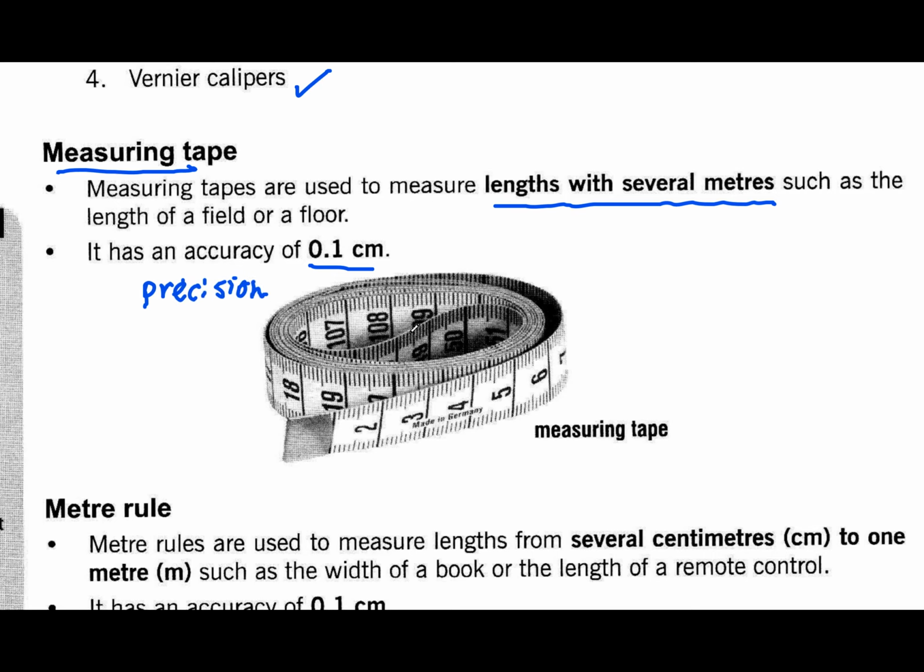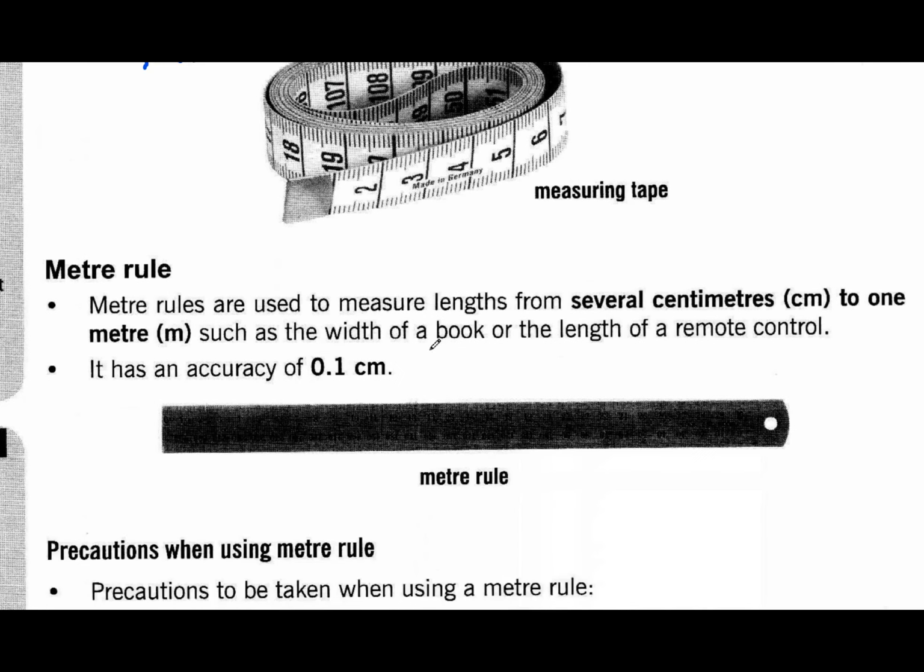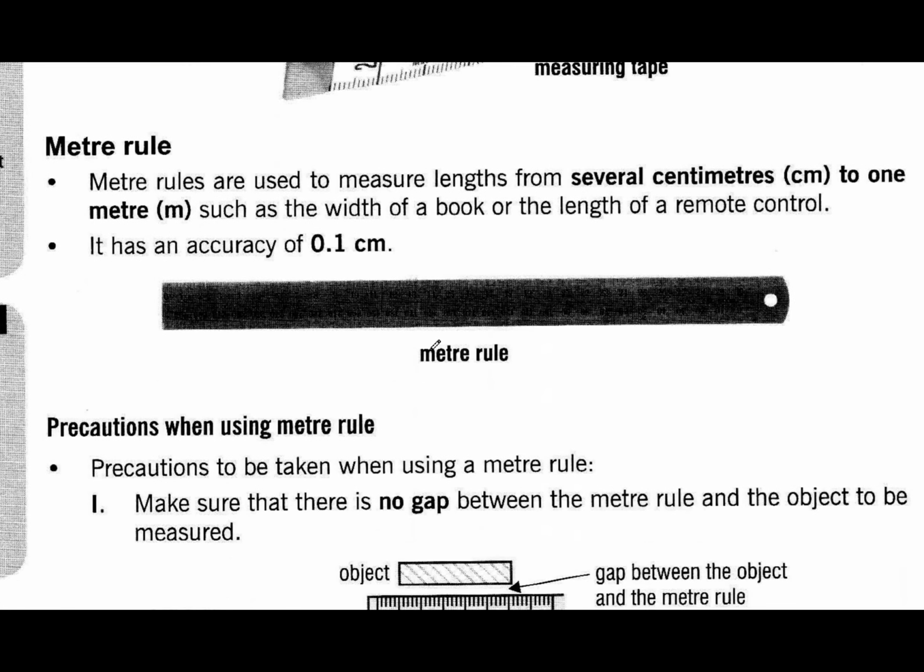So it has the same precision as your normal ruler, in other words, just that it is soft and it can be used to measure items that are not straight, items that are circular, items that are bent. So they are typically used to measure circumferences.